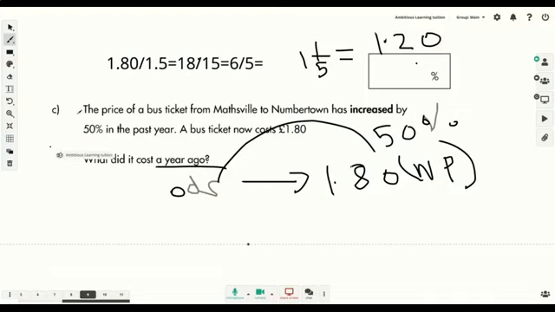This is the continuation of this sum here. So the old price is £1.20.